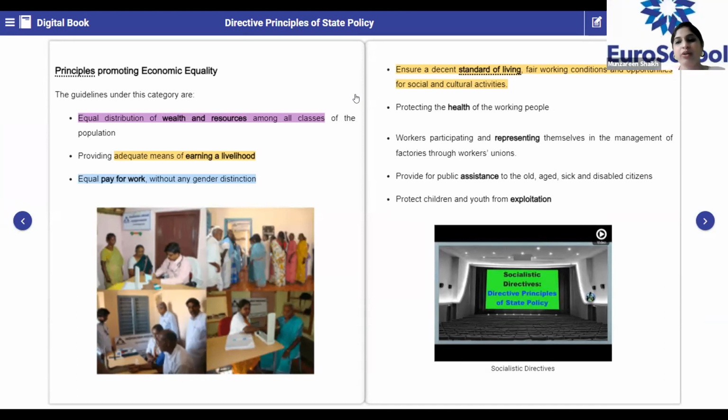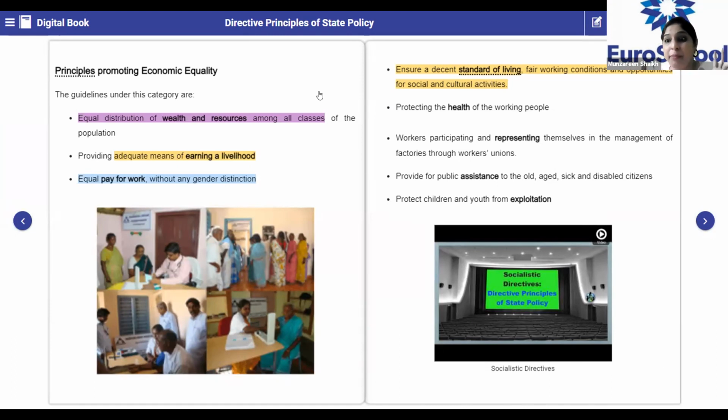No. Now listen carefully. Why have they specifically stressed on working people, and why is that point included under economic equality? See, working people are usually an asset for economic development, isn't it?